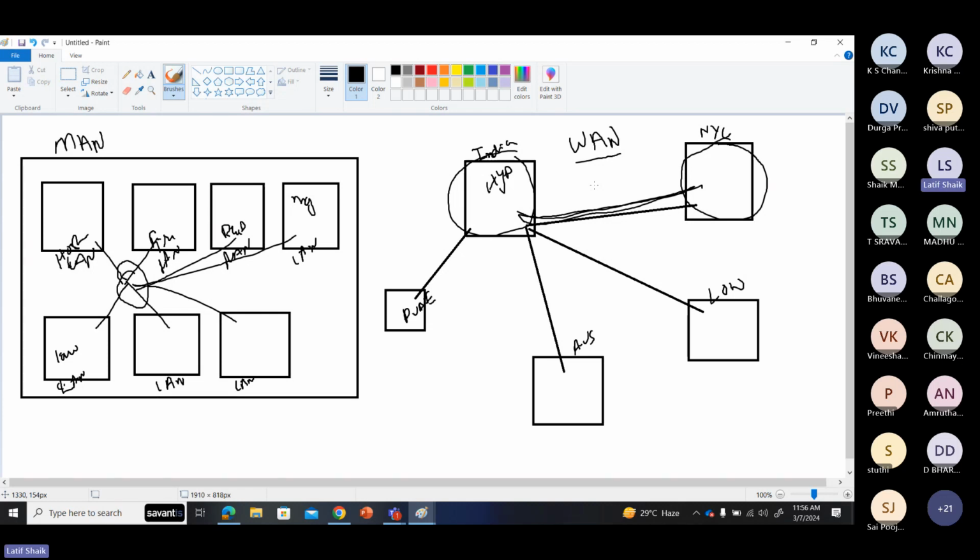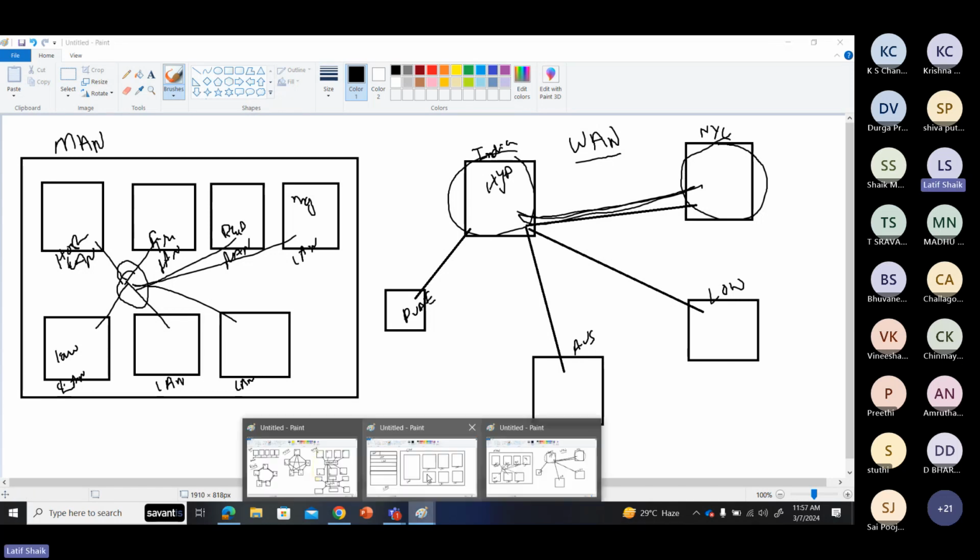That is WAN connectivity. LAN is within an organization, within our private network. WAN is communication between different private networks, globally and geographically separated.